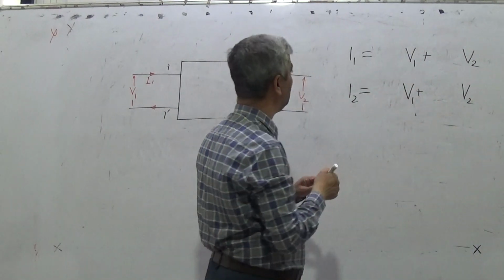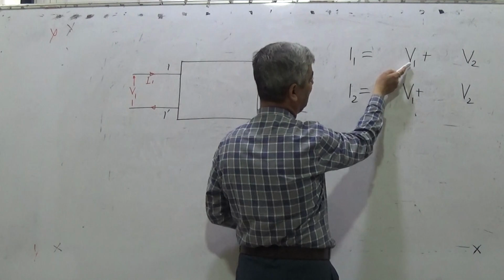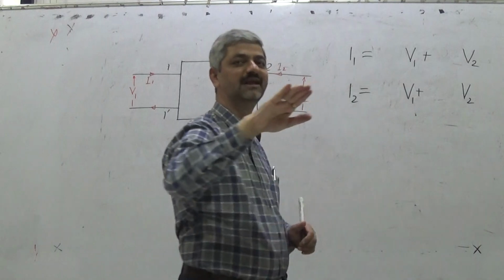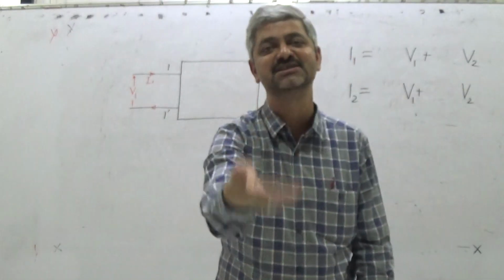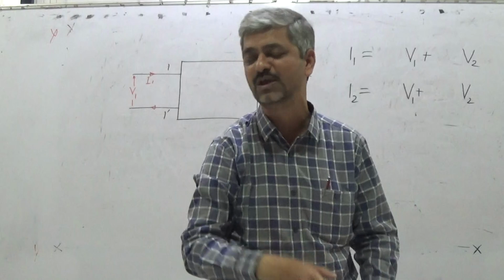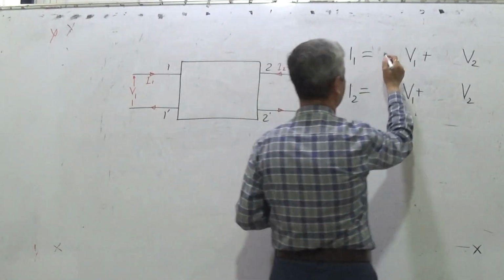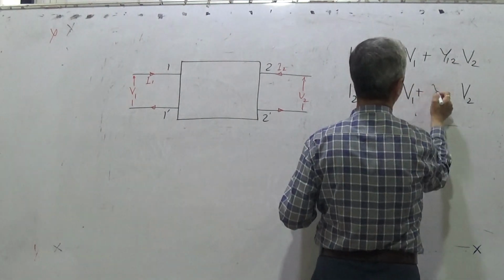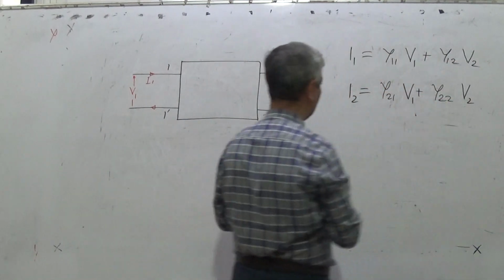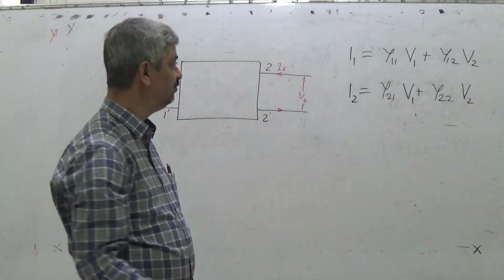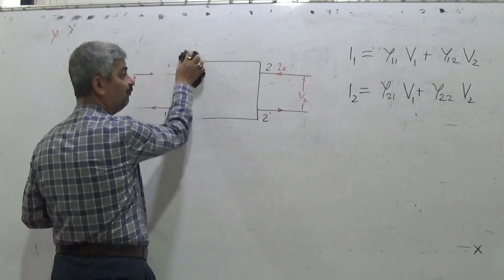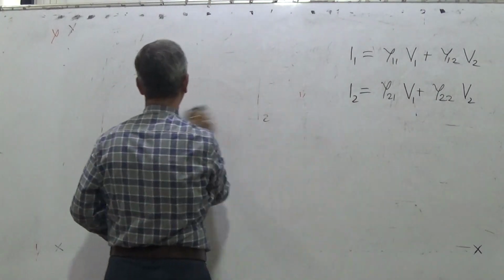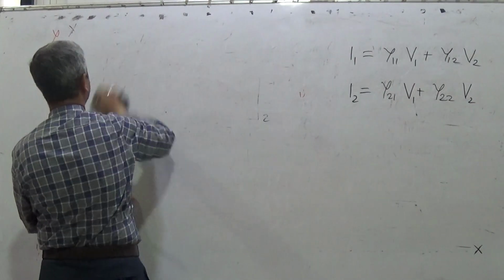So in this case, what will happen? Voltage multiplied by something would be current, so that would be mhos. Voltage upon resistance is current. Upon means 1 upon ohm. 1 upon ohm is called as mhos, and the parameters are called as Y11, Y12, Y21, Y22. So these are called as Y parameters or admittance parameters.